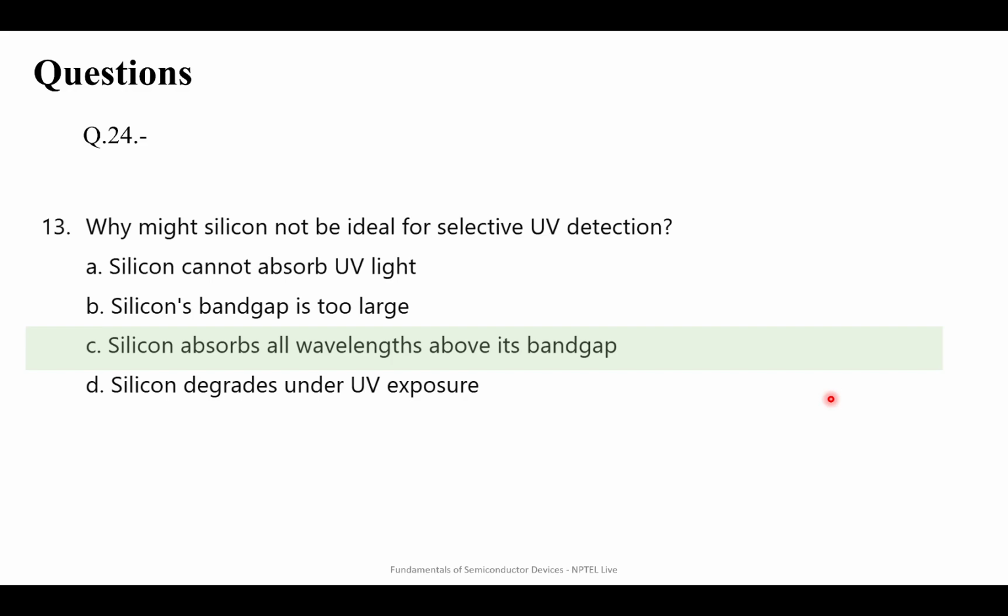Sir, all wavelength above the band gap, means that if the band gap is 1.1, below all the range, it can absorb. Basically energy above 1.1 eV it can absorb, because energy is inversely proportional to wavelength. The wording is confusing, but basically it's energy above the band gap and wavelength below the band gap wavelength.